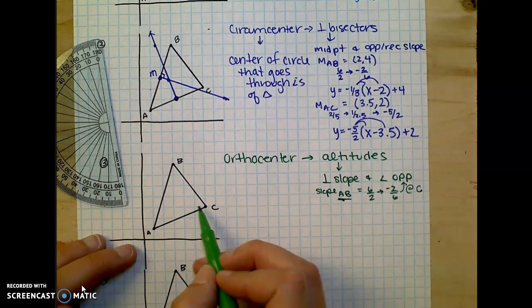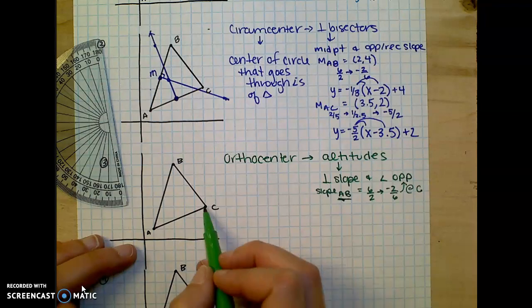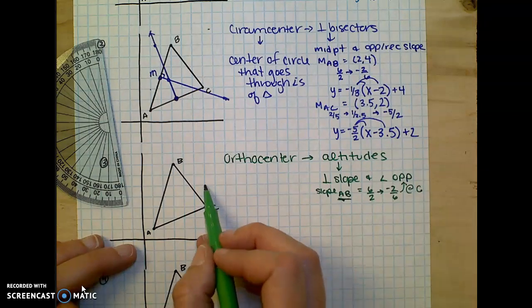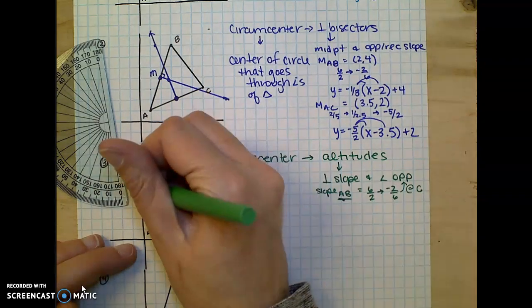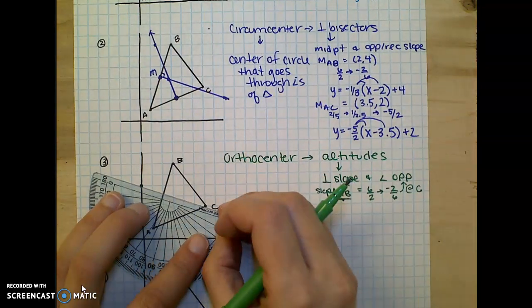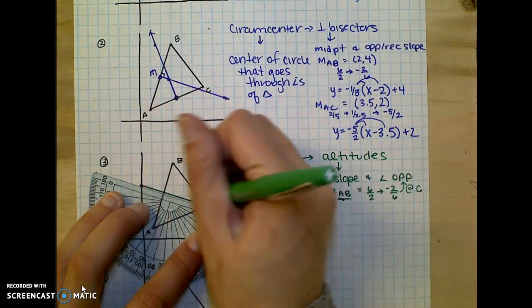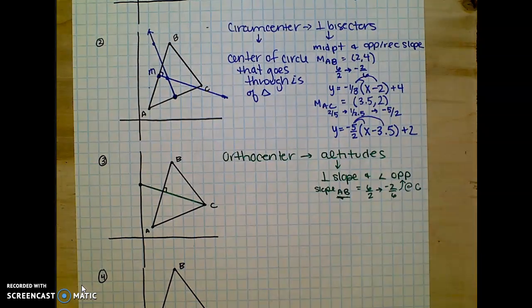Okay, so I actually need to go to C and do down 2 over 6, which again feels like the wrong direction. So instead I'm going to go up 2, back 6, and then connect C to my new dot. This should look 90. Hopefully it does to you.